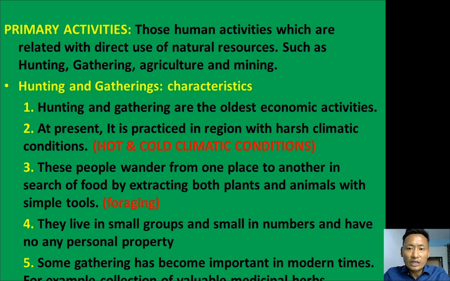Hunting and gathering are the oldest human economic activities. That means they were adopted by human beings when human beings first appeared on this planet. So these two are the oldest human activities adopted by human beings on this planet.